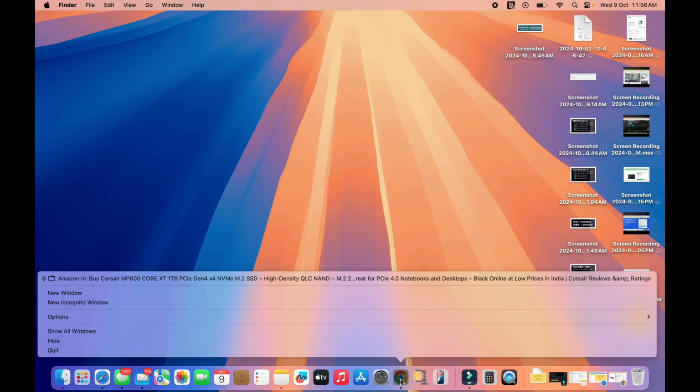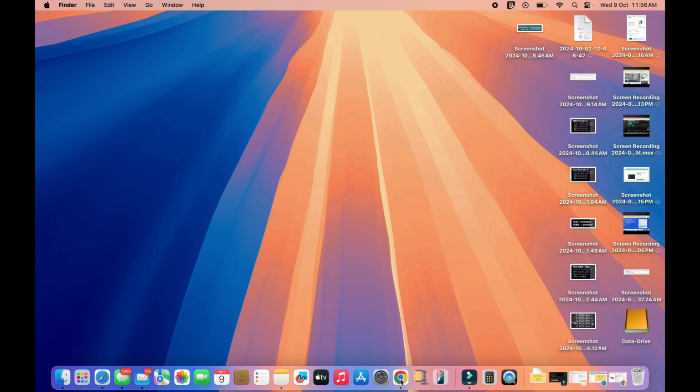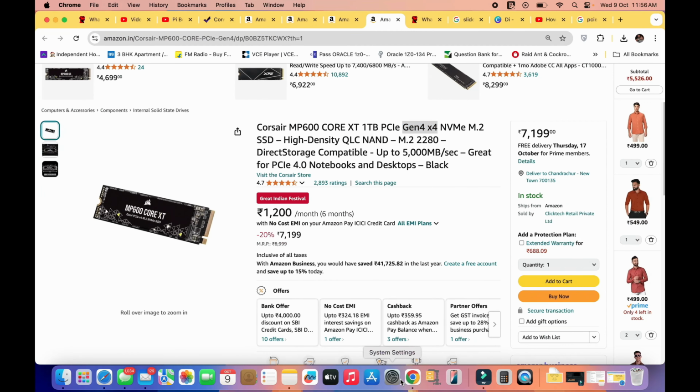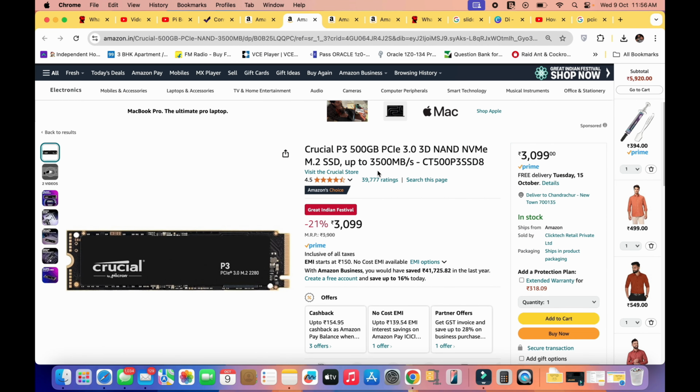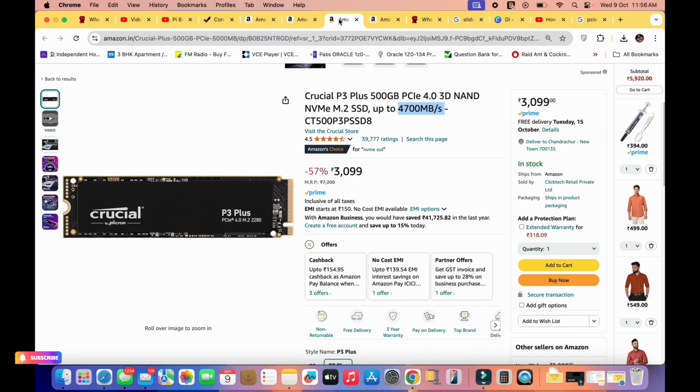So to understand this very well, here I am choosing 3 types of SSD card. First I have selected PCIe Gen 3, which states that it will give up to 3.5 gigabytes per second. As you can see, 3500 megabytes per second is mentioned. Next I have selected a PCIe 4 SSD card, which says 4700 megabytes per second, equivalent to 4.7 gigabytes per second.